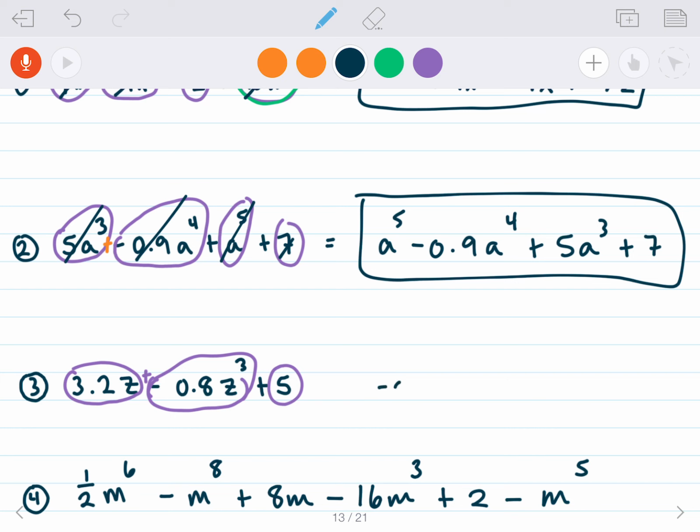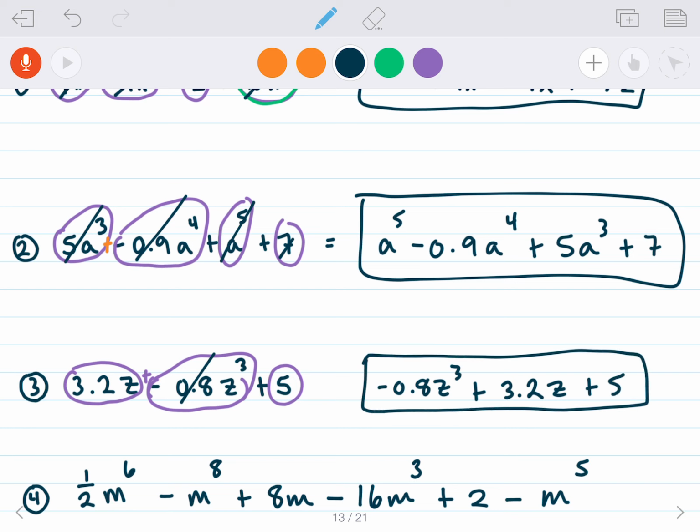So we have negative 0.8 z to the third comes first, followed by an exponent of 1, which is plus 3.2 z to the first, but we don't write the 1 there. And finally, the constant comes last. So there is no z to the second, but that's okay. We still go in descending order by exponents.